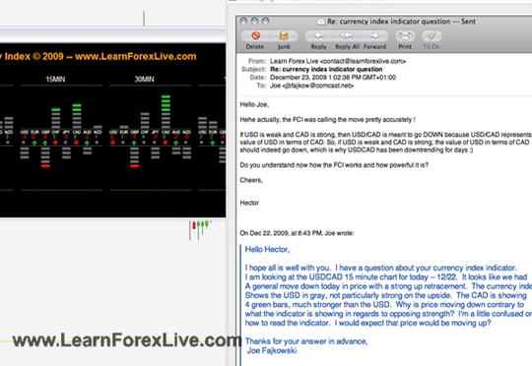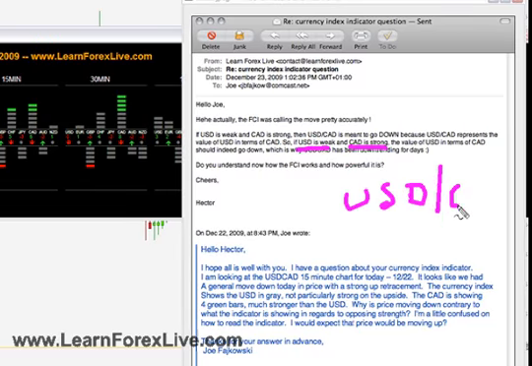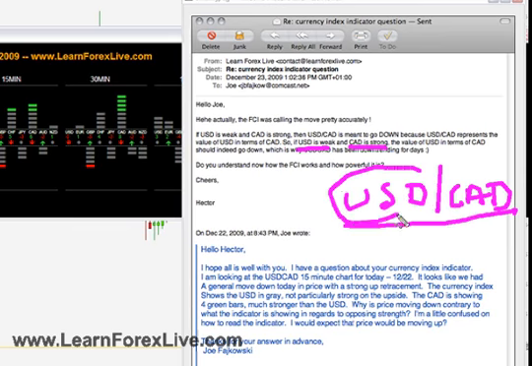How is that? Well, because the American dollar against the Canadian dollar represents the value of the American dollar in terms of the Canadian dollar. So, if on one hand we have a weak American dollar and a strong Canadian dollar, then the USD against the Canadian dollar should be going down, because what this currency pair represents is the value of the American dollar in terms of the Canadian dollar.